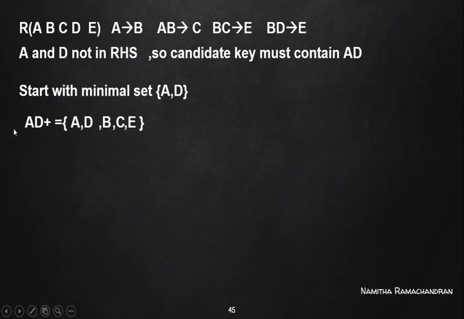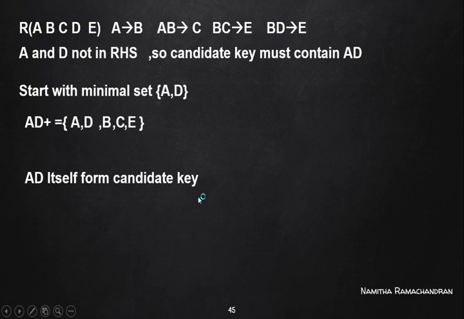So, this is the minimal set that contains two attributes A and D. And this is a candidate key. Using this we can identify all the attribute values uniquely. Okay, AD itself forms the candidate key here.